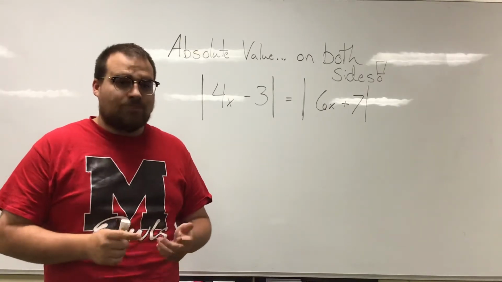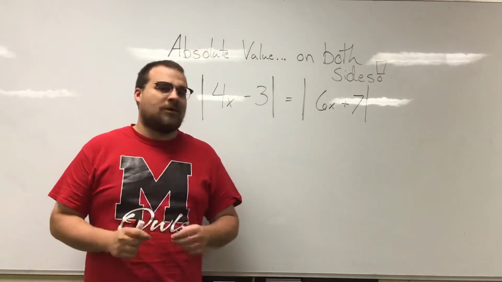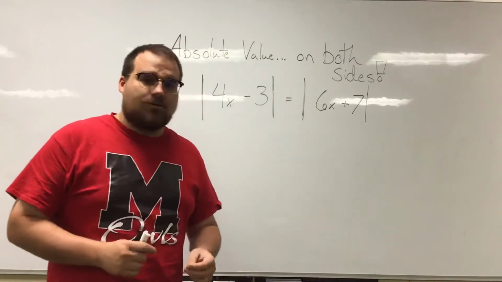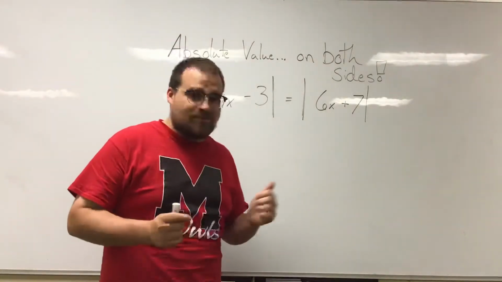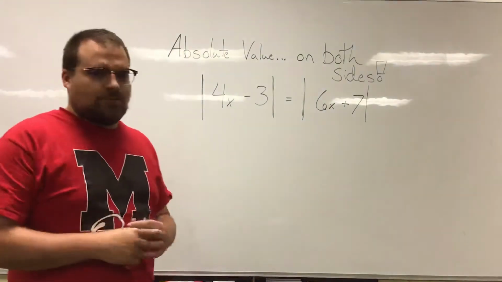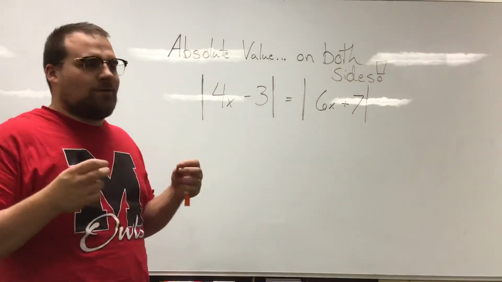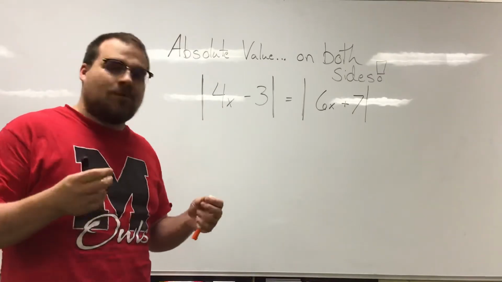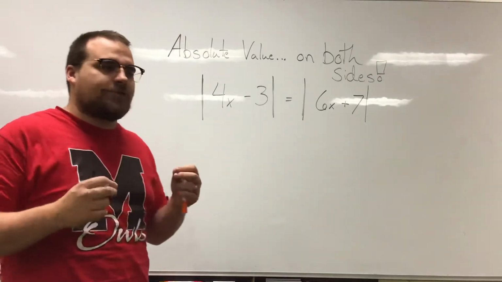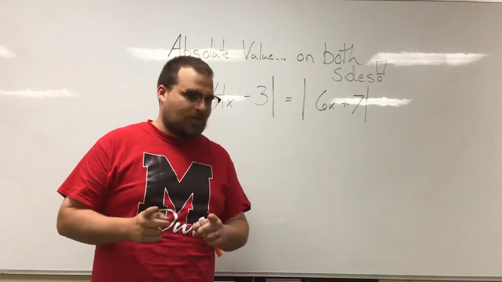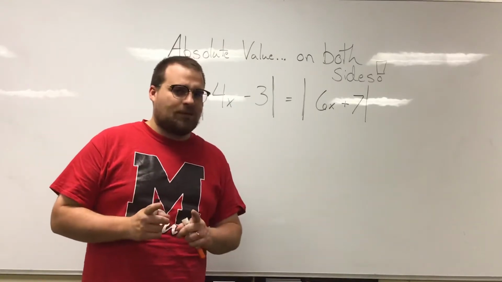In fact, it's actually not that different from what we were doing with absolute value when we only had it on one side. Here's the deal. Our step of rewriting the equation twice doesn't change. That's actually still going to happen.